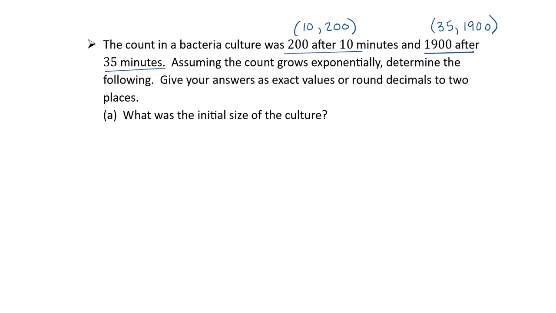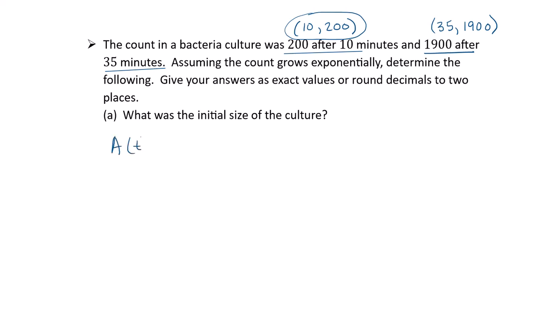What we're going to do, since we know that the growth rate is true for any part of this model, is we're going to align to this time period at 10 minutes for our formula.